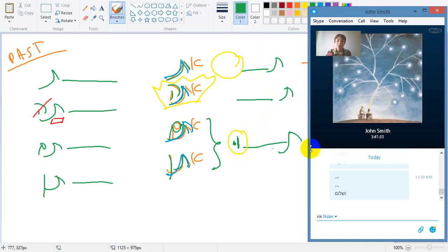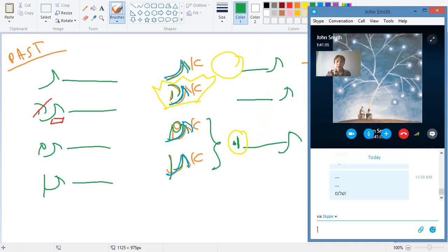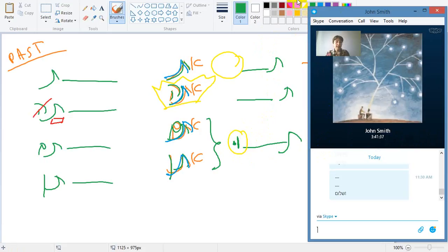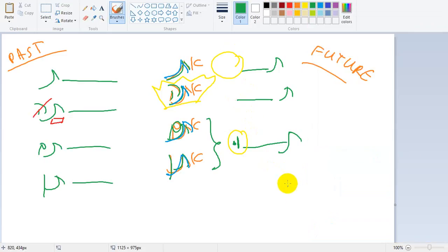Okay. So, how do we say you will study, you in plural? Tilmedu. Lmd was the root for study. Tilmedu. You will ask many questions. Tish'alu, many, הרבה, questions, שאלות. Again, how do I do it?